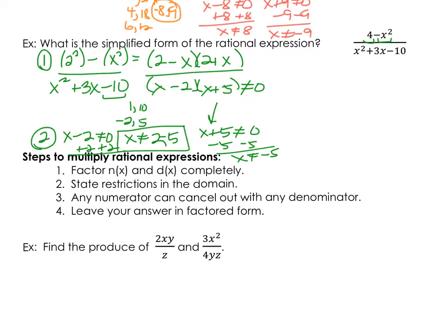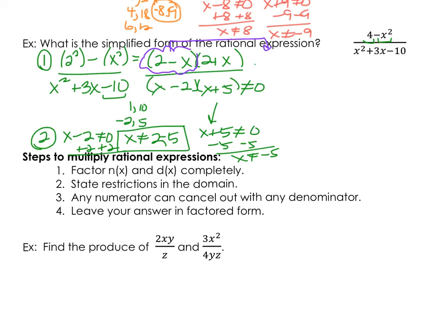From here we try to simplify. And this is where things get a little tricky. Do you see in the numerator how we have the 2 minus x, but in the denominator we have x minus 2? That means that they're not actually the same. So I'm going to take that 2 minus x term right here, and I'm just going to reverse the order.